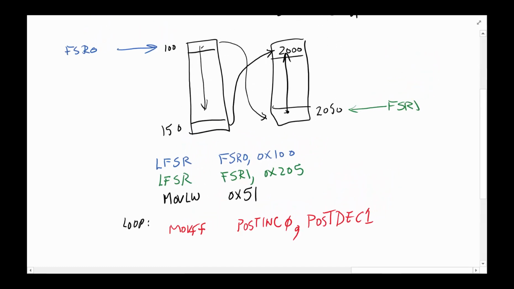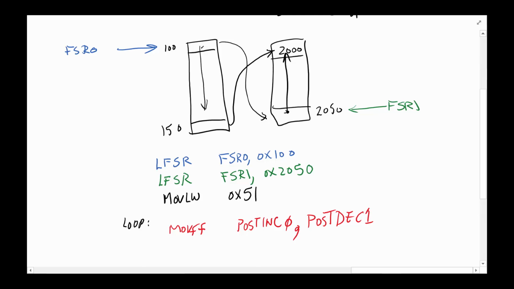See what happens. The first time through this loop is going to write 100 to 2050. I noticed that it's going to be 2050 because FSR1 is looking down here, FSR0 is looking up here.